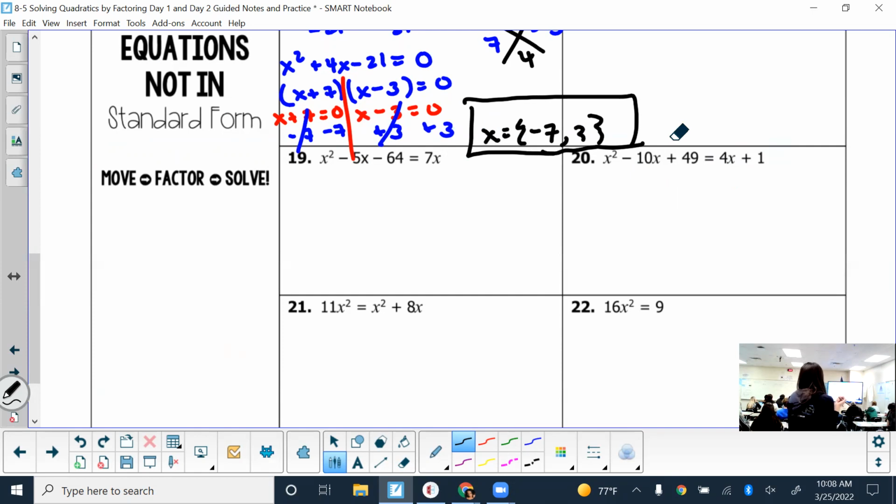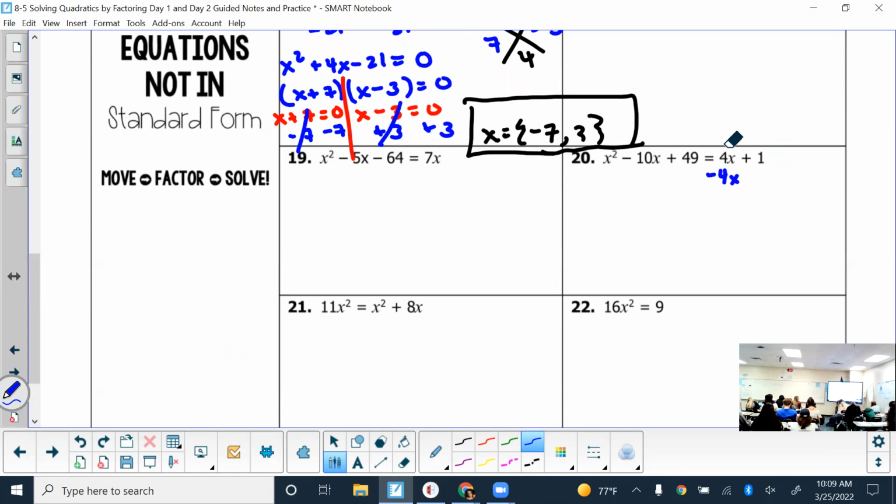How do I move the 4x? How can I make that 4x become 0? Subtracting 4x would make it 0. Dividing it would make it 1. So you don't want it to be 1, you want it to be 0. So subtract 4x.